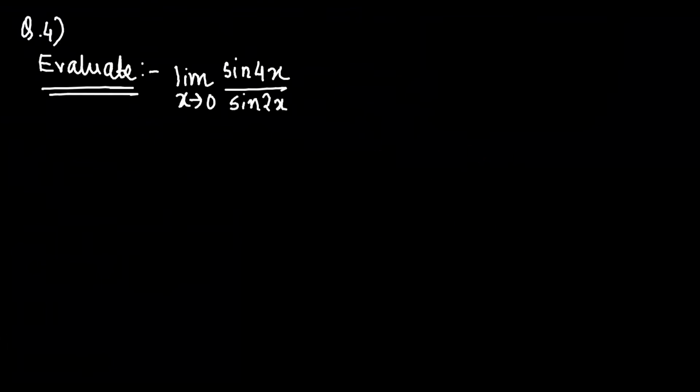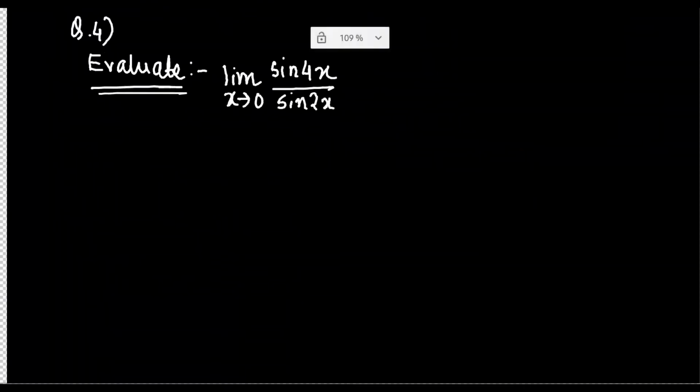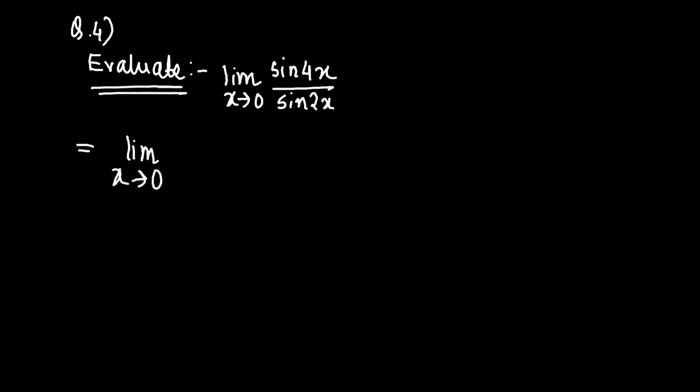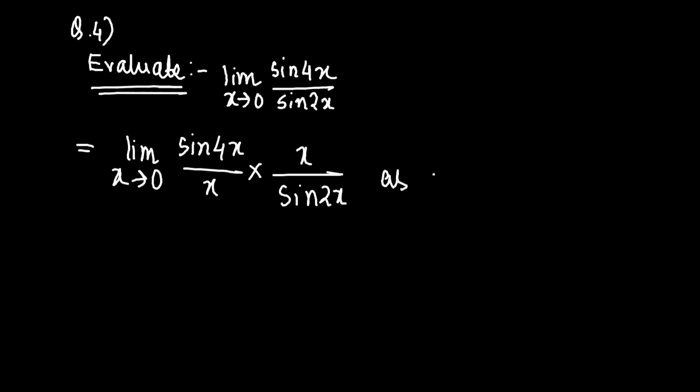Let's see how we can approach this. Here we will write it in this way: limit x tends to 0 of sin 4x by sin 2x. Now here we have just multiplied and divided with x, as x is tending towards 0, therefore x is not equal to 0.